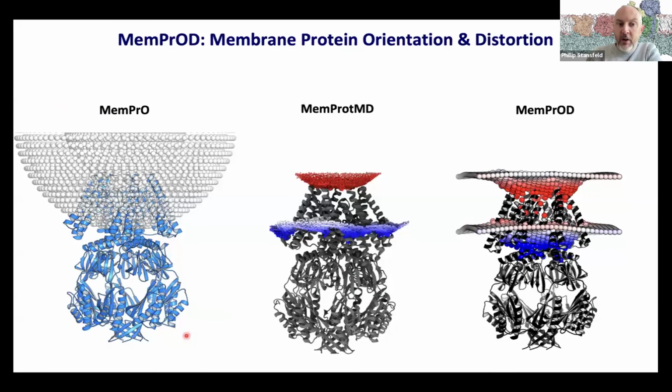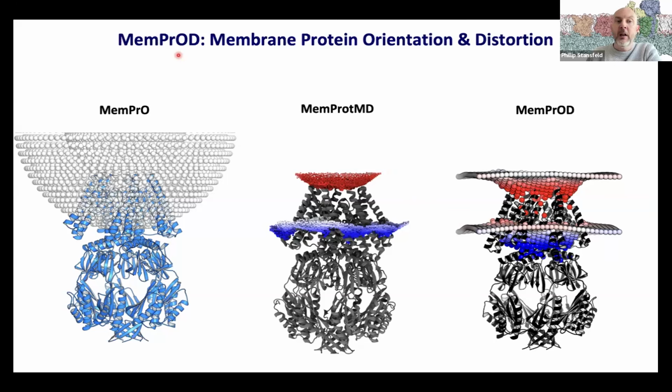And one thing I was just coming on to there was this curved MemPro prediction of this mechanosensitive channel. And what we saw within MemProtMD in our database entry was that this does cause quite a bit of curvature of the membrane around the protein structure. And so what we decided to do is develop a particular method that also takes into account distortions of the membrane around these proteins.